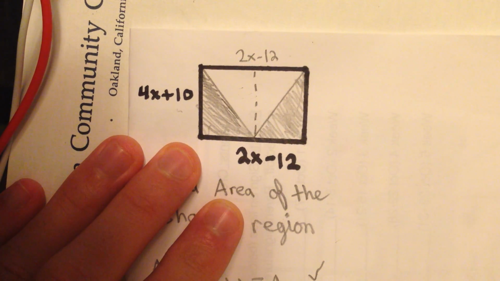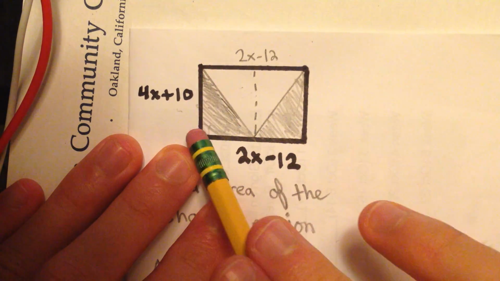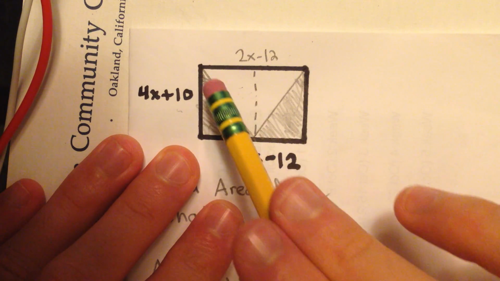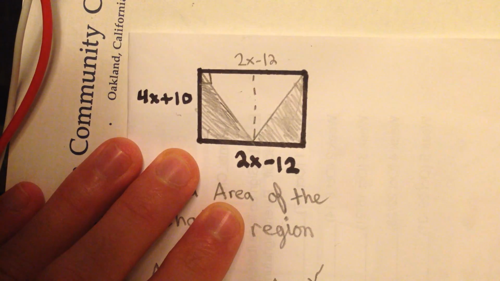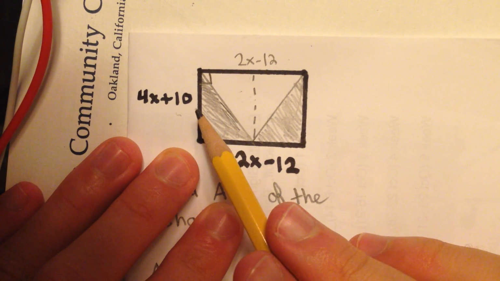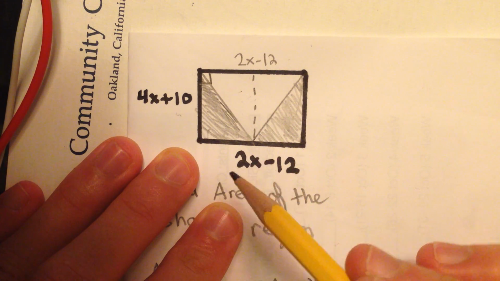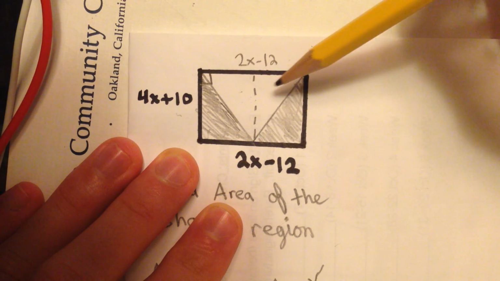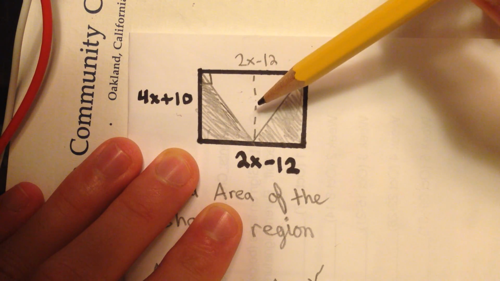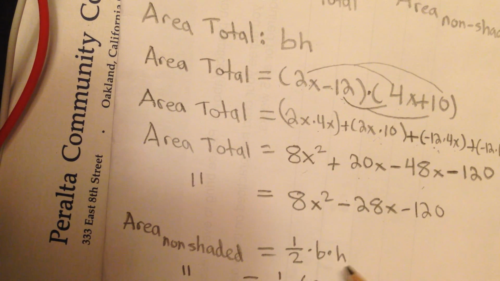Since this is a parallelogram, the height will be perpendicular to the base, so we can use it as the altitude. So the area of this triangle is the base times the height times one half.